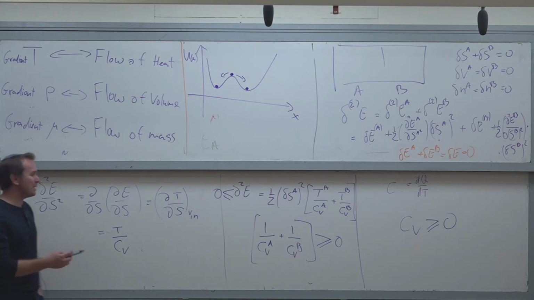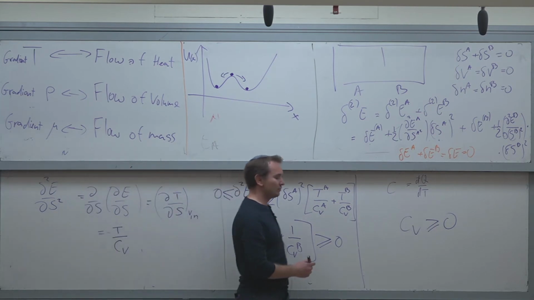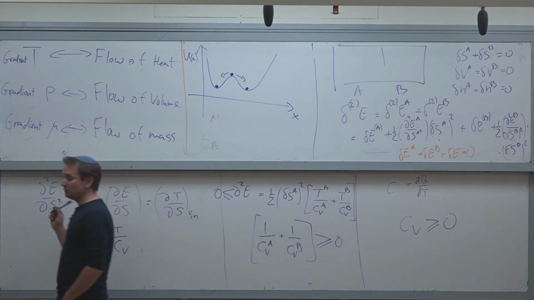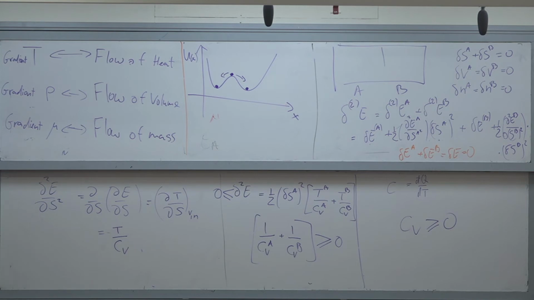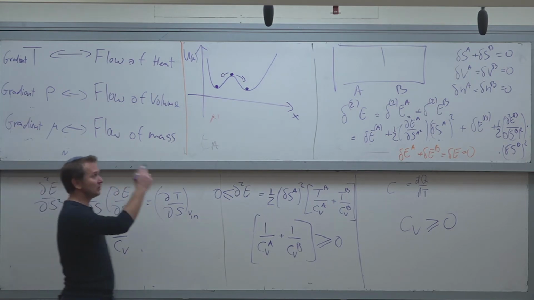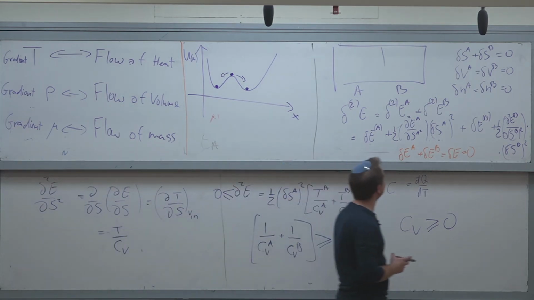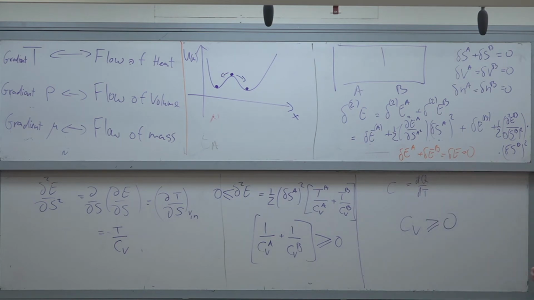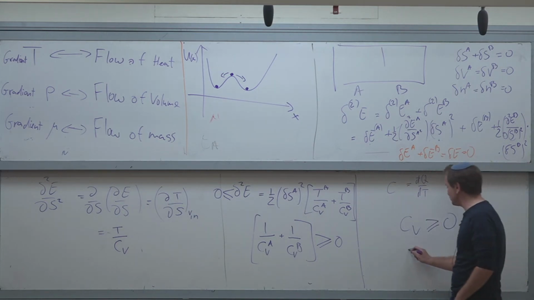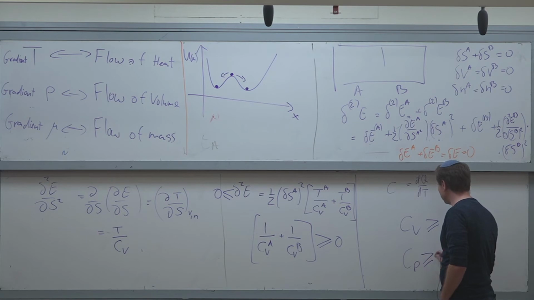We can do the same thing, but not for the energy, but for enthalpy. You can repeat all those dances with equations and obtain that also Cp is greater than 0.